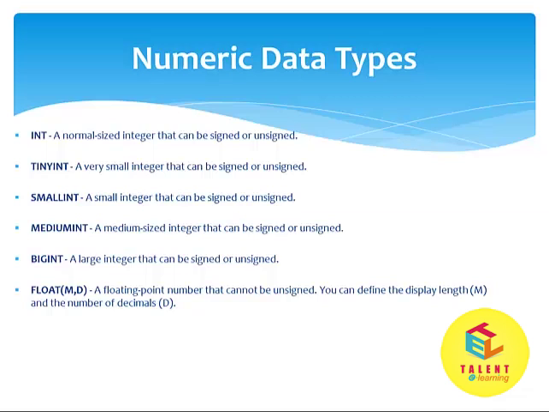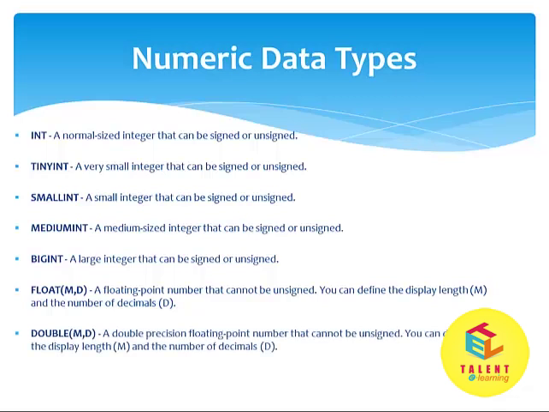You can define the display length by M and the number of decimals by D. Double, a double precision floating point that cannot be unsigned. Same, you can define the display length by M and the number of decimals by D.